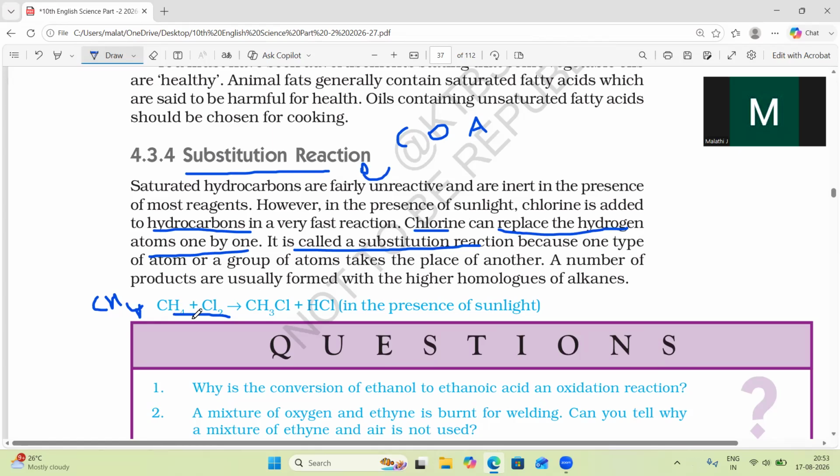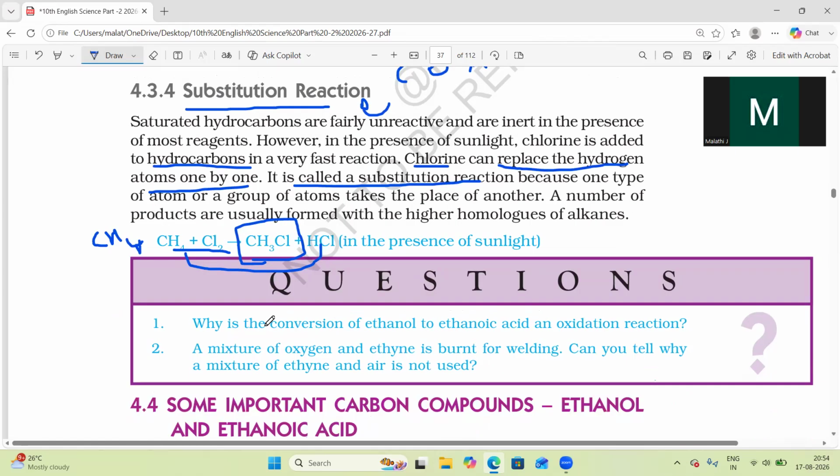If you take CH4 and add chlorine to this in the presence of sunlight, one hydrogen atom will be removed and a chlorine atom will attack. So you will get CH3Cl. This reaction takes place in the presence of sunlight. So here one of the hydrogen atoms is replaced by a chlorine atom.